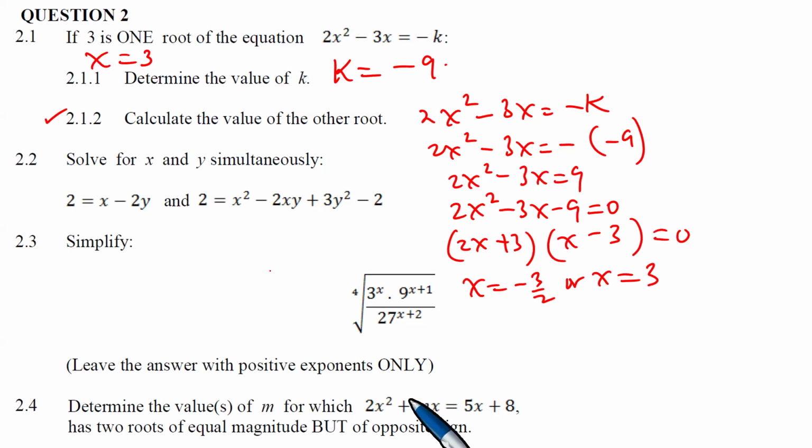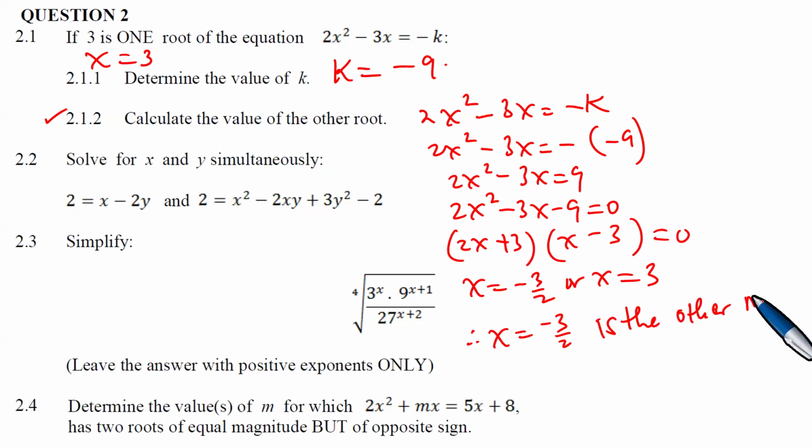So we conclude that x equals minus 3 over 2 is the other root. Because the question said calculate the value of the other root, the other root is x equals minus 3 over 2.